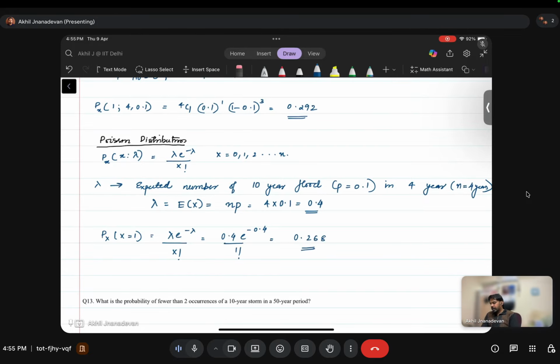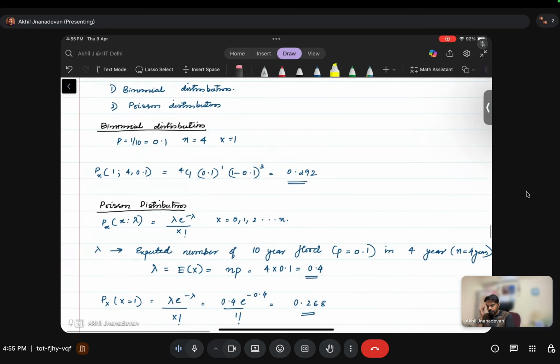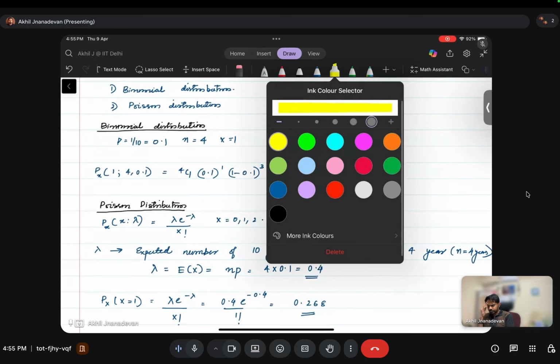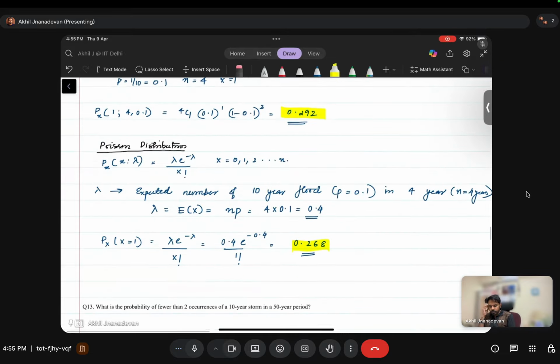So if you compare these two values, both are the probability of occurrence of one flood in 4 years. One flood means one 10-year return period flood in 4 years, once in 4 years. So both are coming approximately the same. One is around 0.292, one is 0.268.